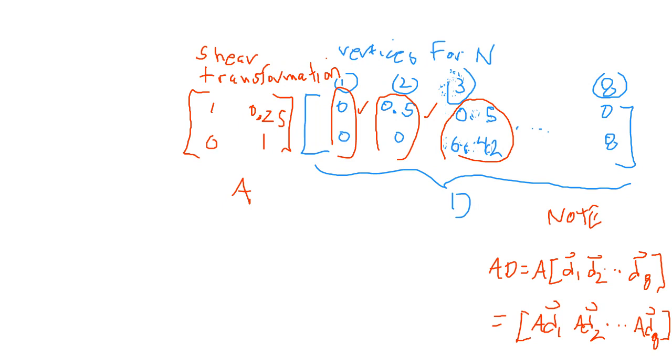So when you multiply the matrix A by the matrix D, you are transforming the vertices of the matrix D, because that's how matrix multiplication is defined, right?